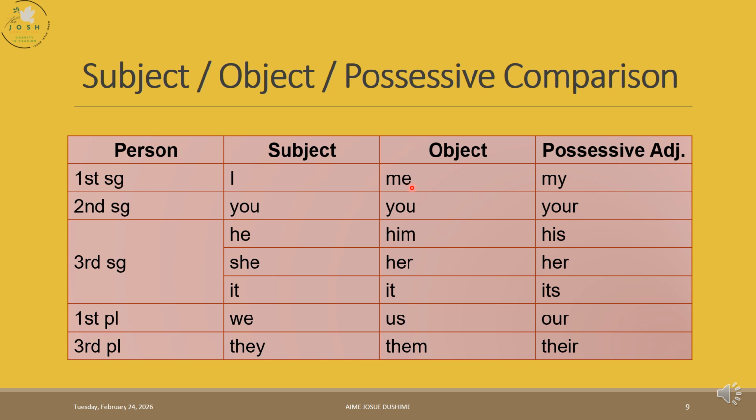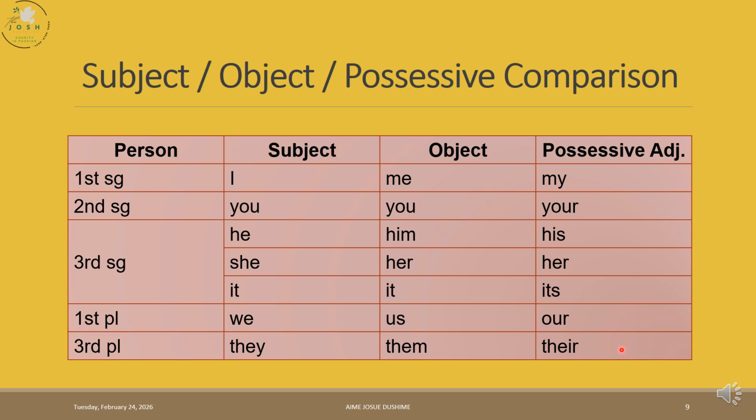I, me, my; you, your; he, him, his; she, her, it, its; we, us, our; they, them, their.